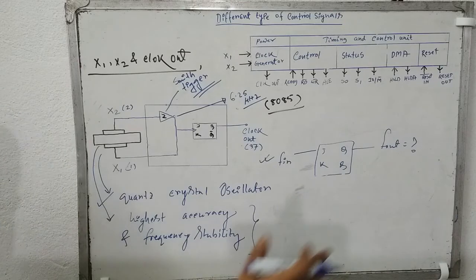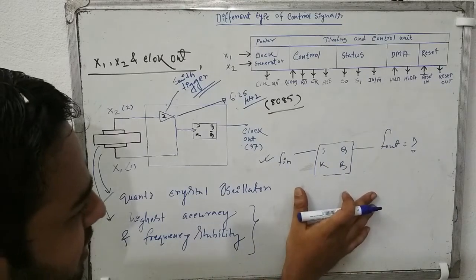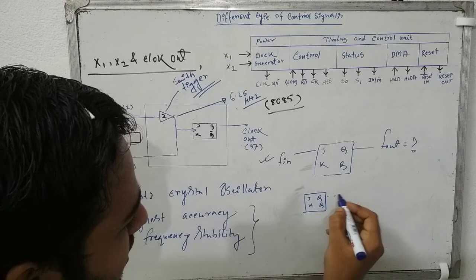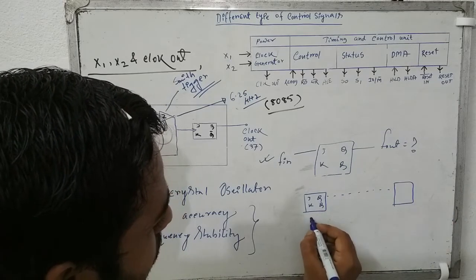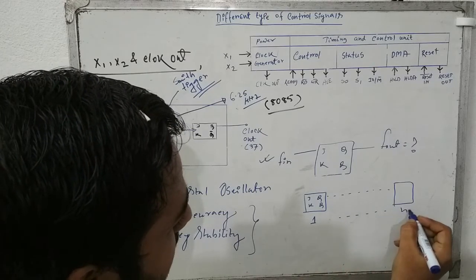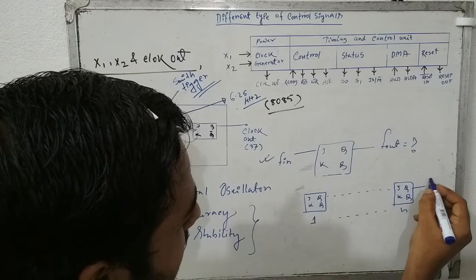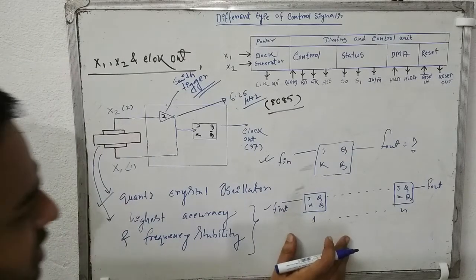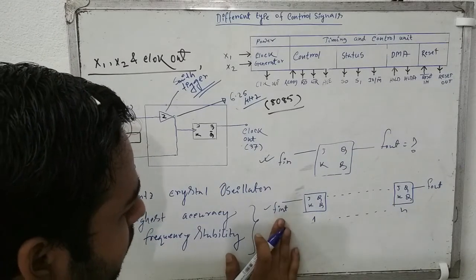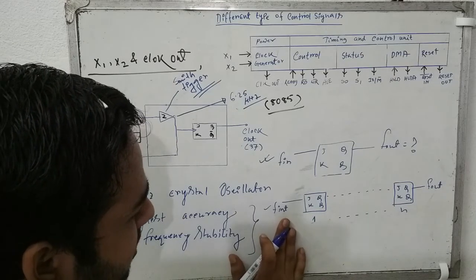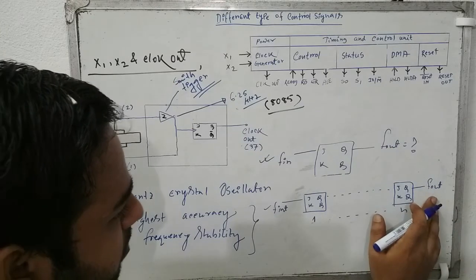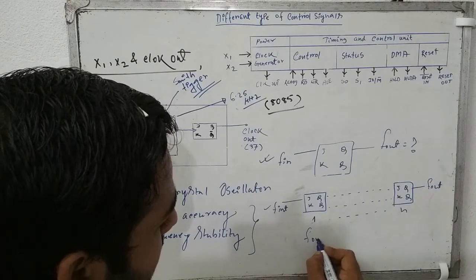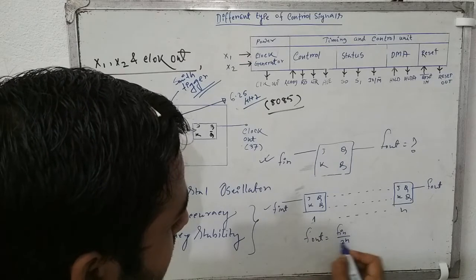You might have read the topic in digital electronics that if n number of JK flip-flops are connected over here, and we provide f in to the first flip-flop, then what will be the output we get from the n-th flip-flop? In that case we have seen that f out will be f in divided by 2 to the power n.